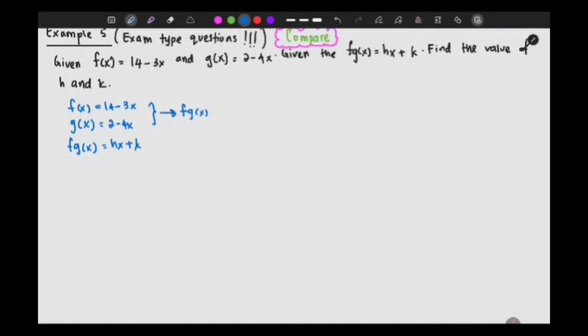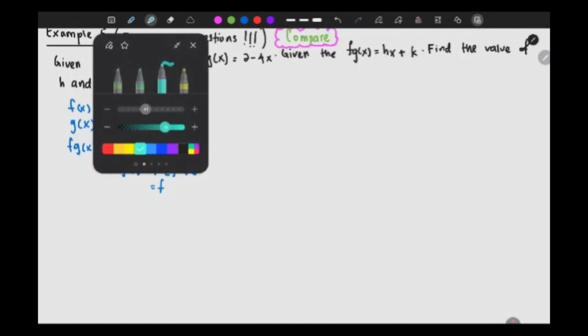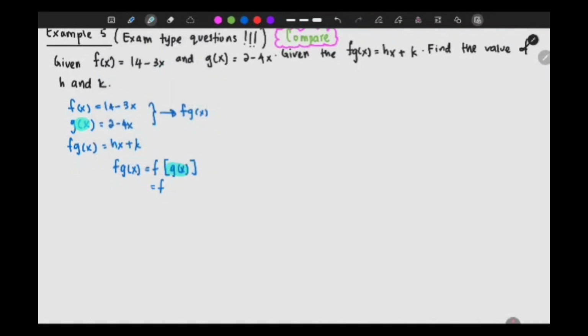How do you find fgx? This is the same method, right? First thing first, expand them. So what's your gx? Here you go, your gx is this, 2 minus 4x. And I just told you whatever is inside your bracket, it's like the x of fx.